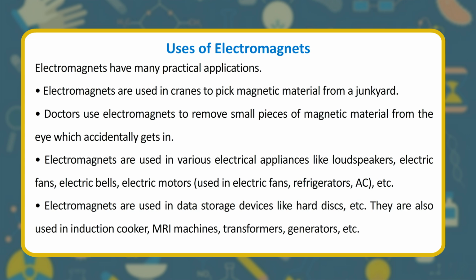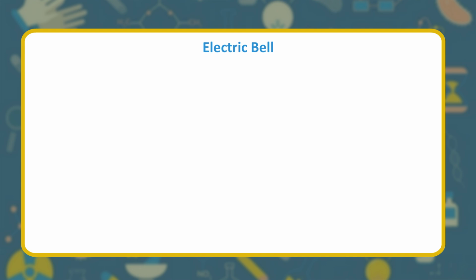Electromagnets are used in various electrical appliances like loudspeakers, electric fans, electric bells, electric motors, refrigerators, AC, etc. Electromagnets are used in data storage devices like hard disks, etc. They are also used in induction cookers, MRI machines, transformers, generators, etc.